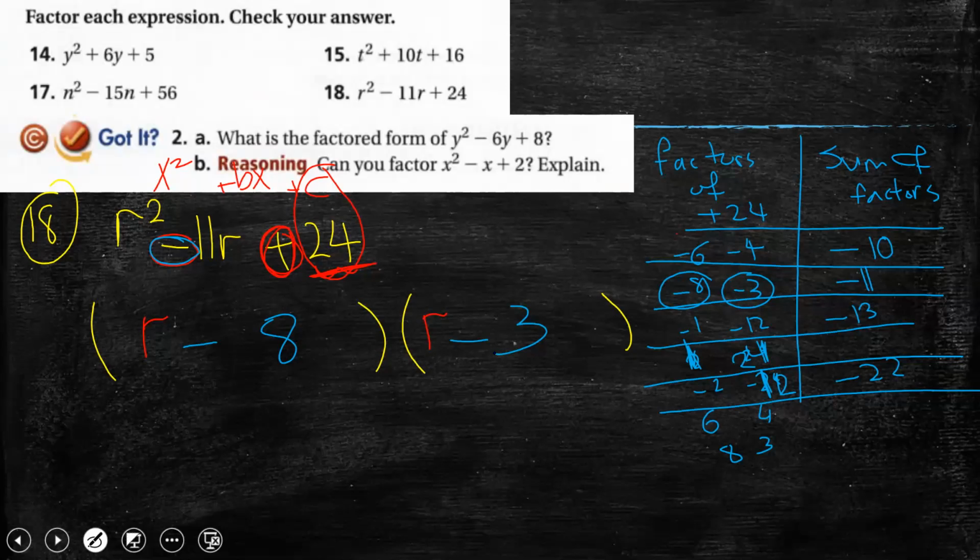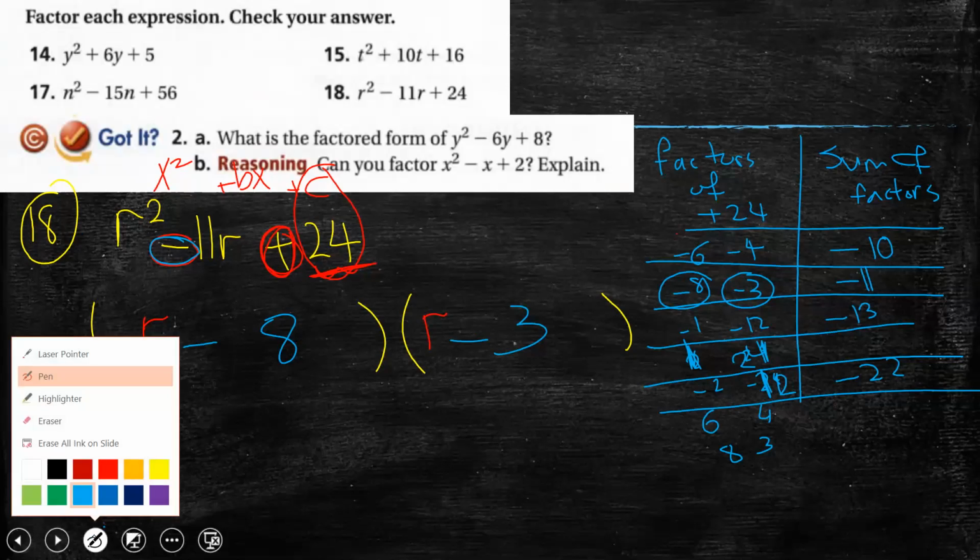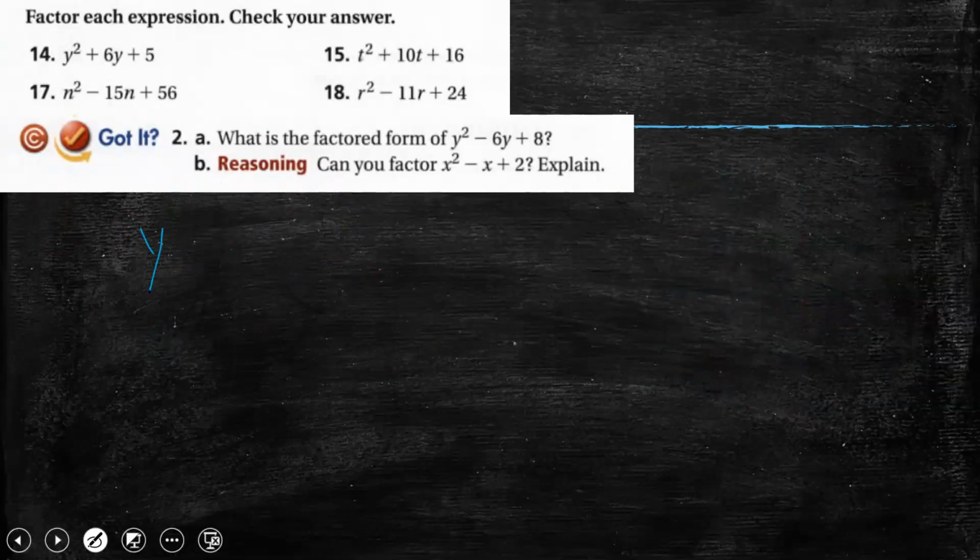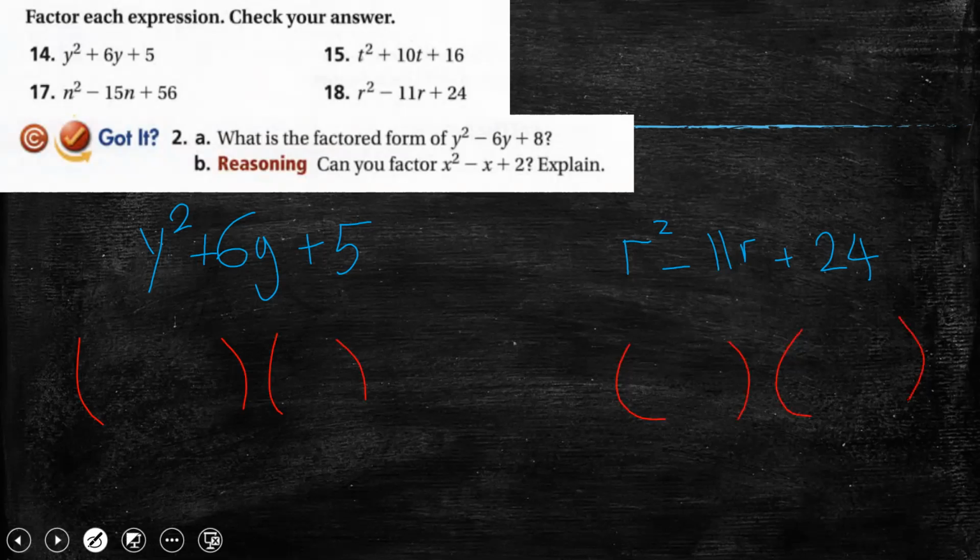So by now, we talked about two cases. These two cases are, if I have y squared plus 6y plus 5, and the second case, r squared minus 11r plus 24. Now, the first thing I want you to know before going to talk about the last case is that the first step, if you want to factorize any expression, is to look at the sign of c.